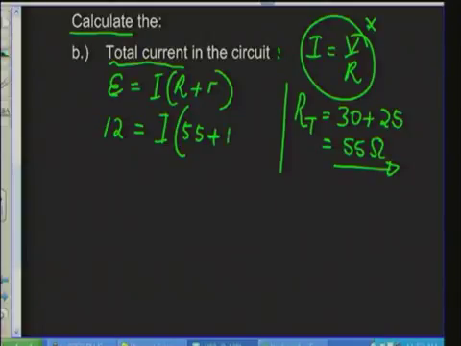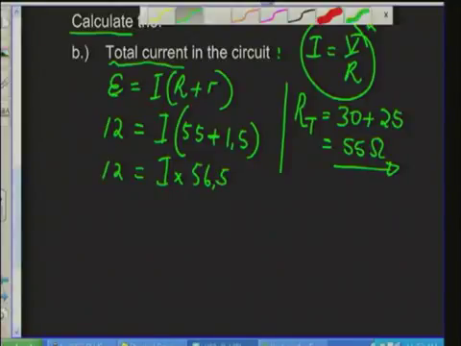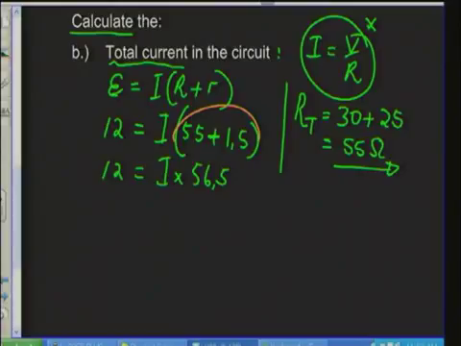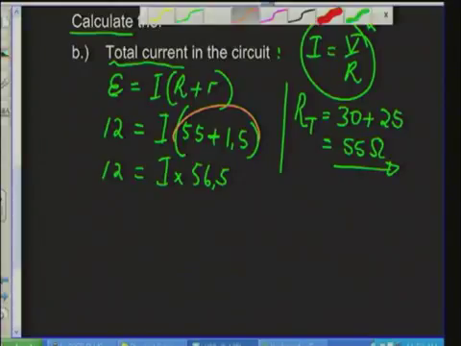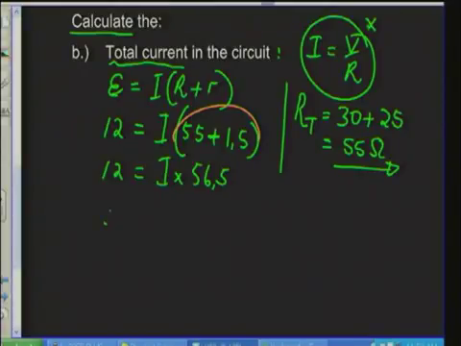It's given to us as 1,5 ohms. So you put it like that. So you've got 12 equals I times 56,5. When you add these ones together here, they give you that. Okay. Now, I'm doing this for those people who are really struggling to do some mathematical operations.